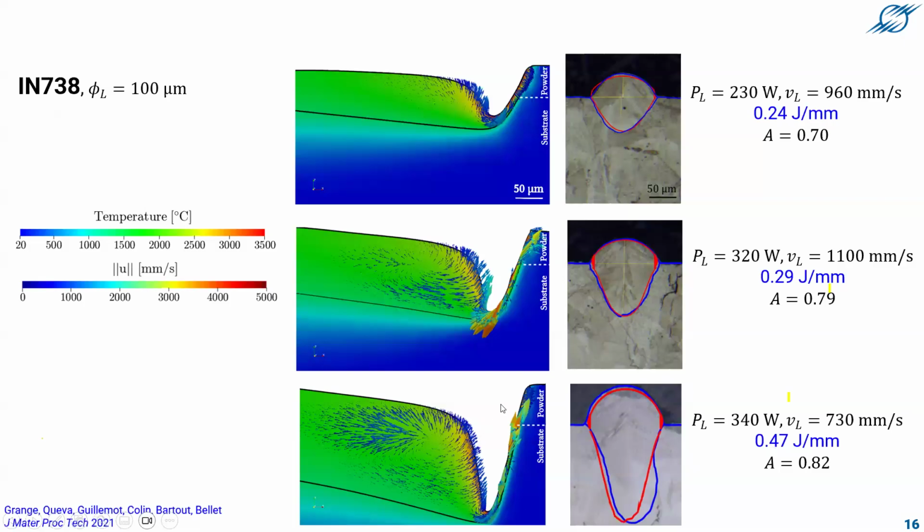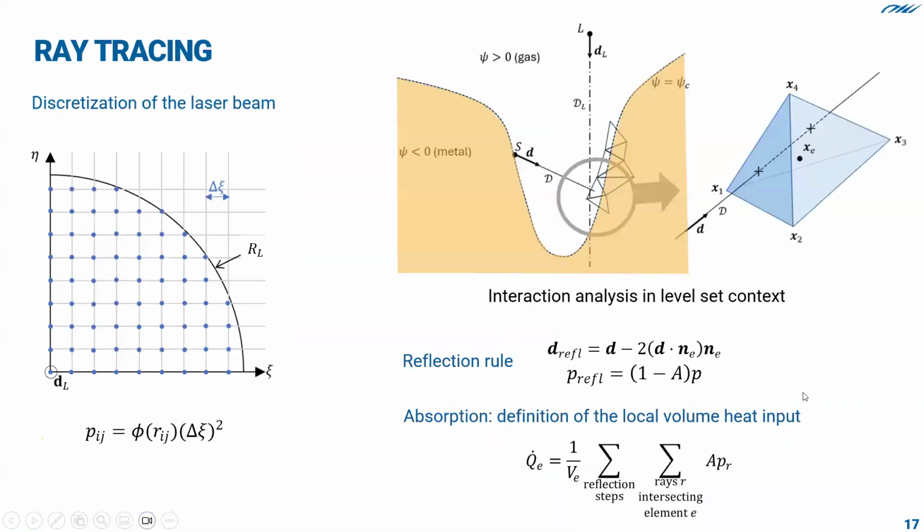And that's explained by the fact that the beam will be, in fact, in reality, reflected successively once a keyhole is formed. And that's why, starting from A nominally, I told you that in one of the first slides, A is about 0.3, but in fact, because of the successive multiple reflections, it can be as high as 0.8.